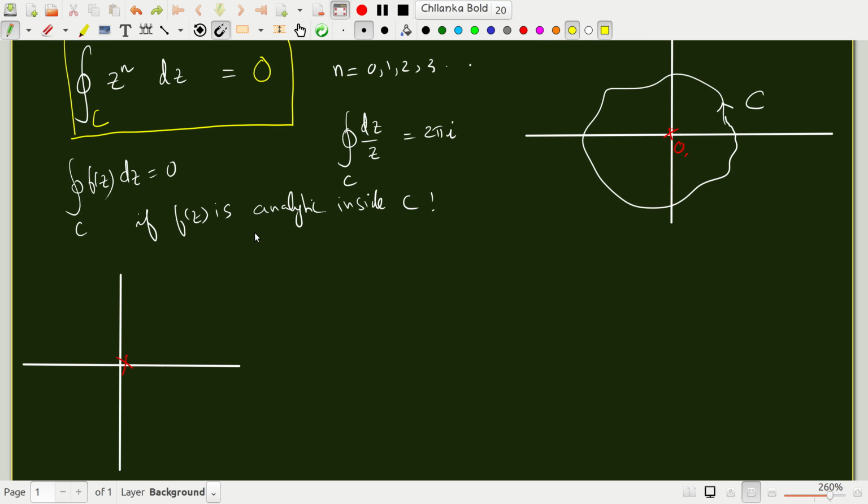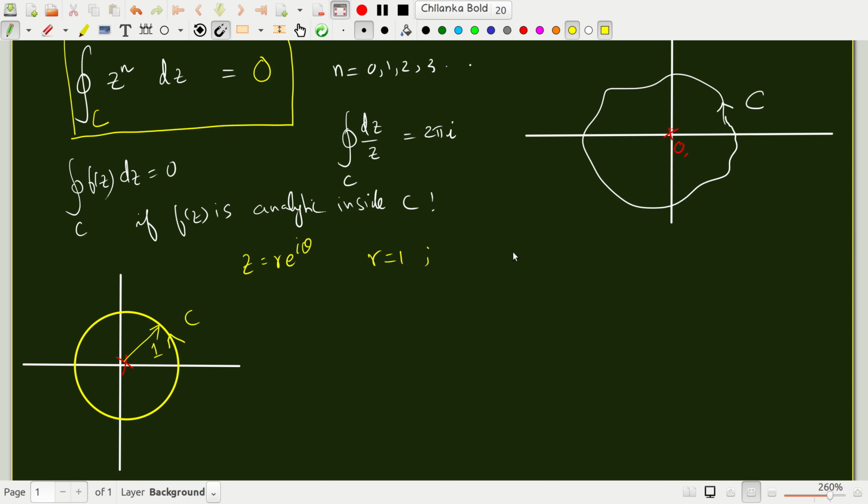Let me try to draw it. If we do this, let's say this is our contour C, z is r e to the i theta, and let's say r is 1, a unit circle, radius 1 for simplicity.